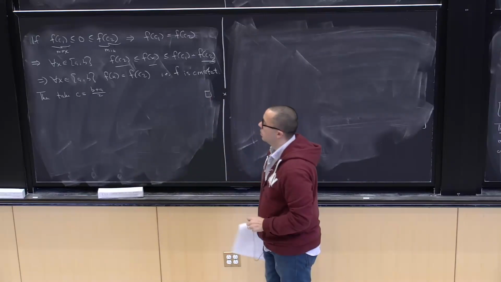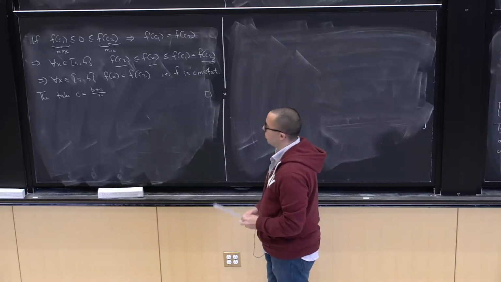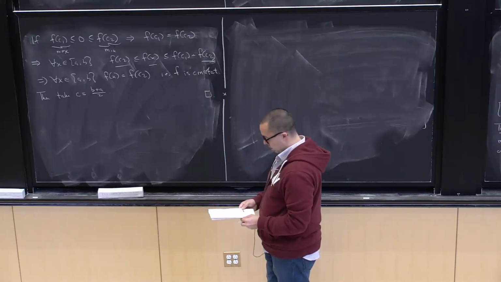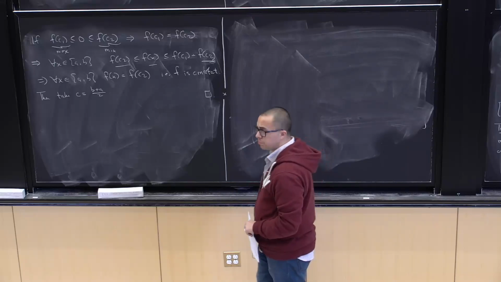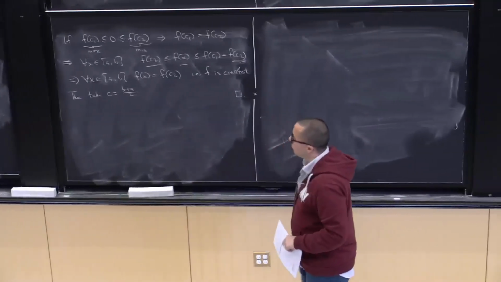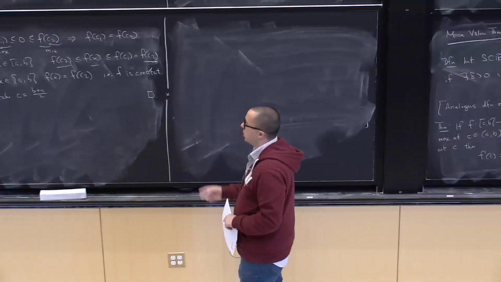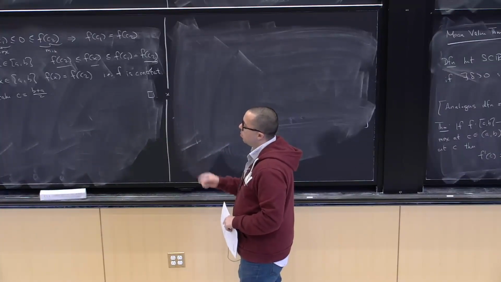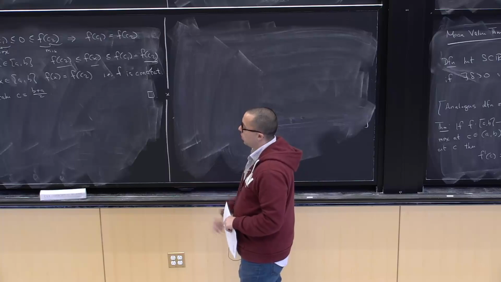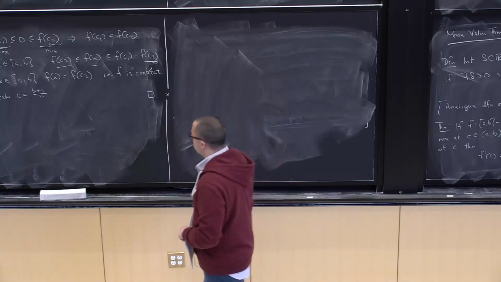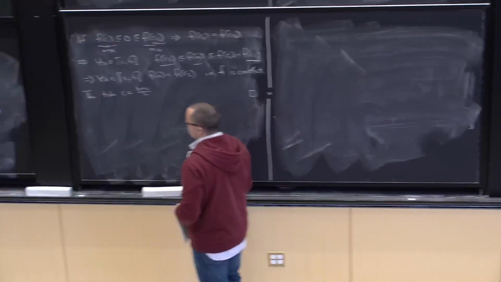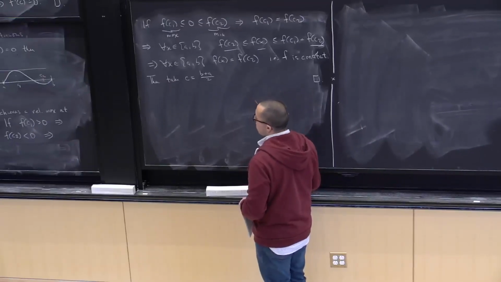And that's the end. Okay, sorry that I kind of fumbled through that for a minute. So for any function which is 0 at the endpoints, there has to be a point in between where the derivative of the function equals 0.